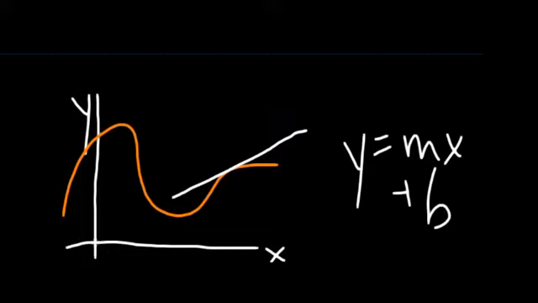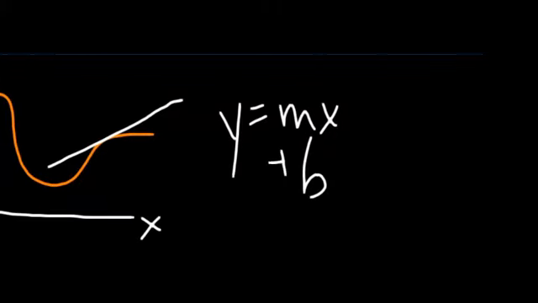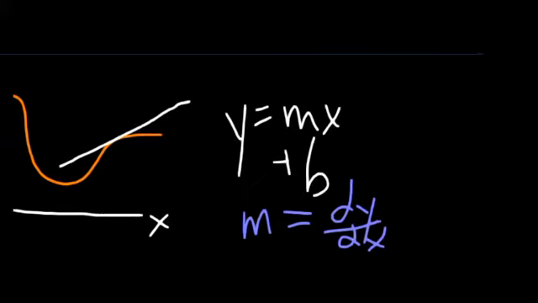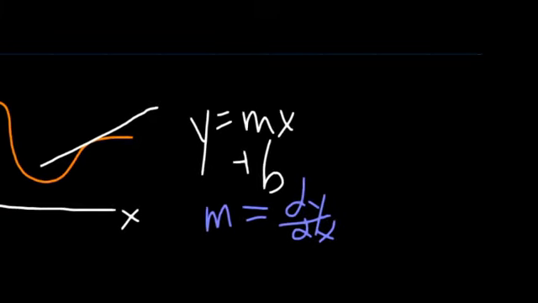So m evaluates to dy/dx. And what I was about to say, what is b? Let's leave that for now. b is just a value of y.